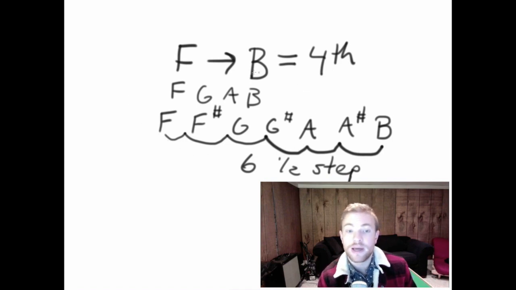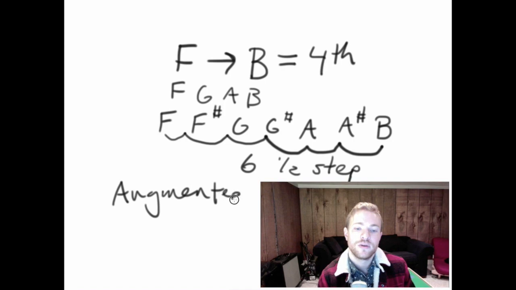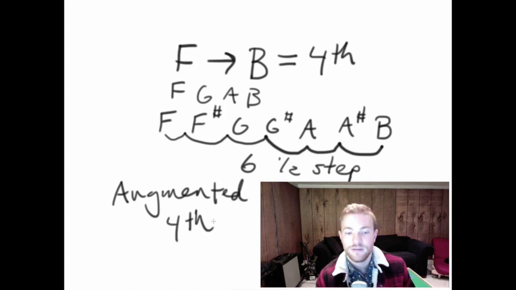If you go back to the chart in the last section of the video, you can see that if we lengthen a perfect fourth by 1 half step, from 5 half steps to 6 half steps, we now have an augmented fourth. So the interval F to B is called an augmented fourth.